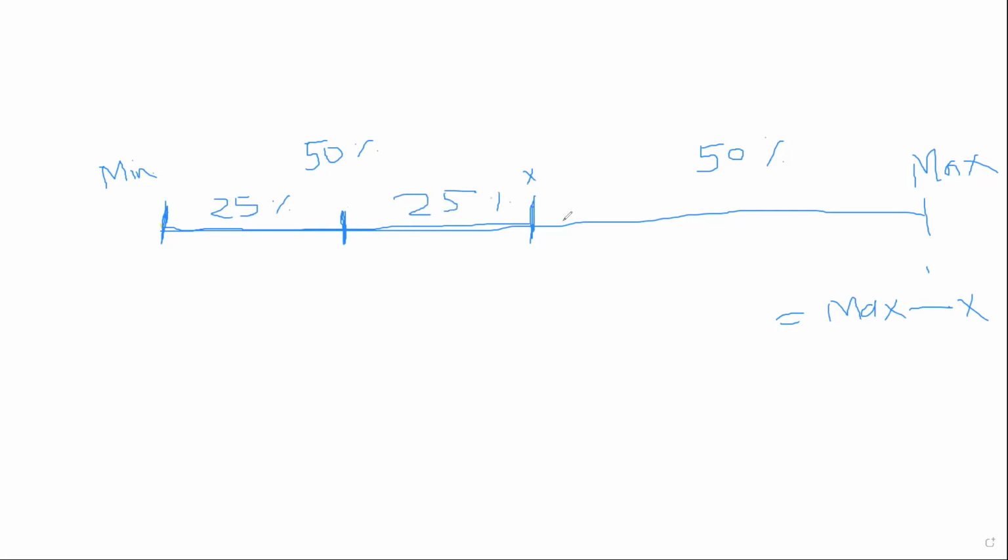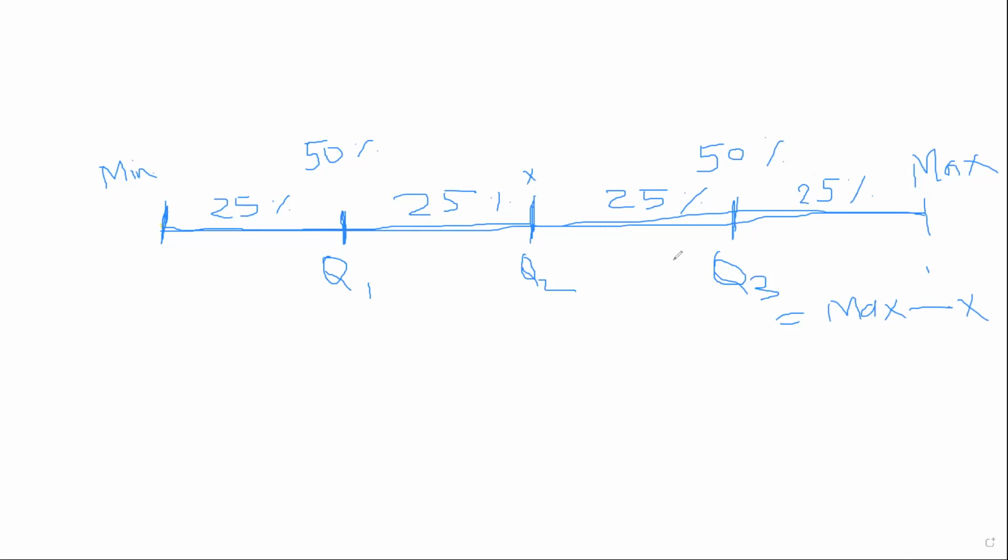Similarly, I take only this part and divide this data again into two parts. So this is 25%. Basically what I'm doing, I'm dividing the data into four equal parts. This is called Q1, quartile 1, this is called quartile 2 or median, this is called quartile 3.